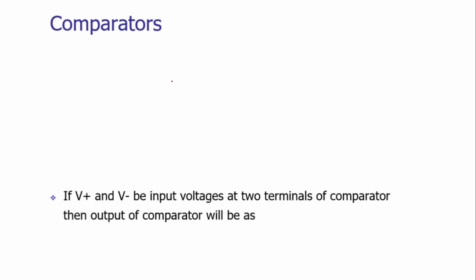So as I mentioned, the comparator has an operational amplifier. It has two input terminals. This is the non-inverting and this is the inverting terminal. The operational amplifier has the output terminal VO.